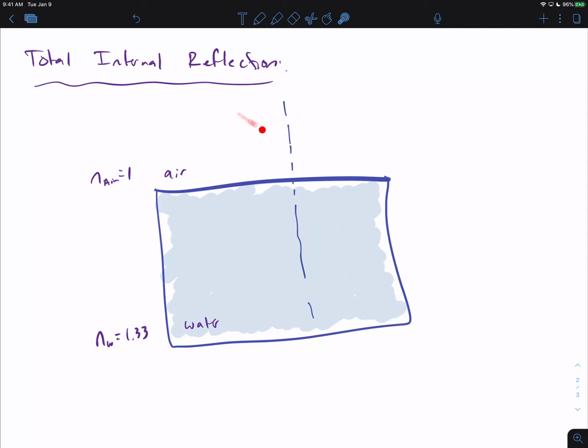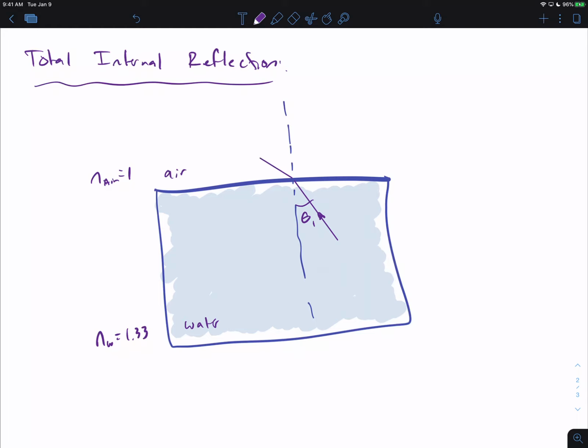If you remember, when we traveled from air to water, we refracted, and so this angle got smaller with respect to the normal. But if we did this the other way, let's say we traveled from water to air, we start with some angle, we'll call this theta 1.